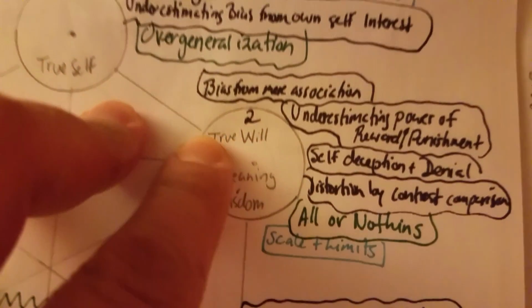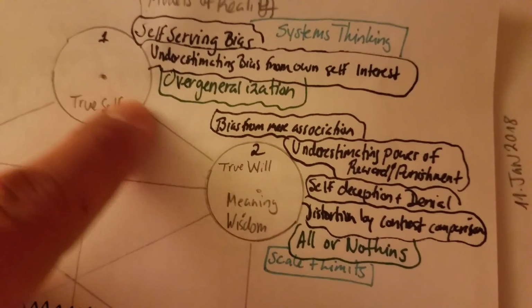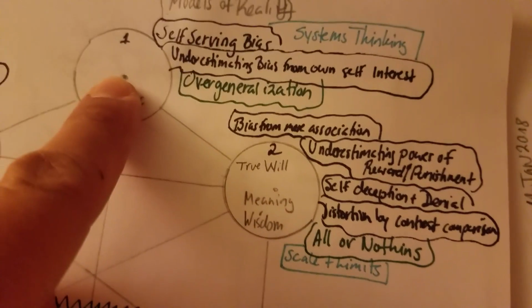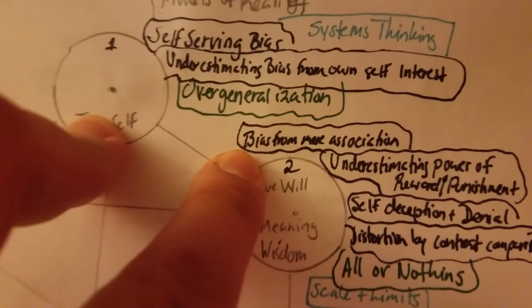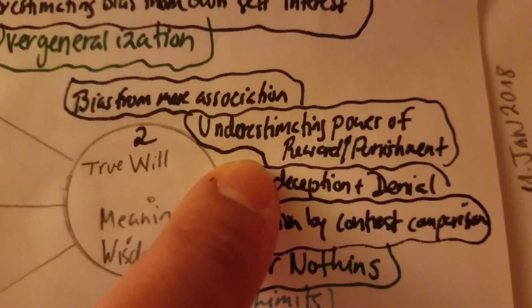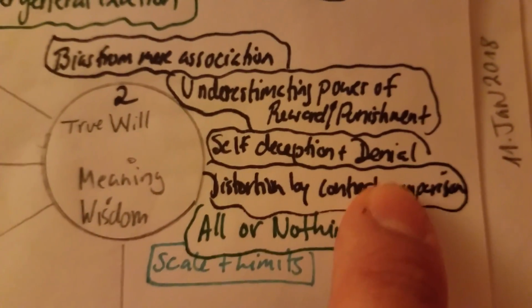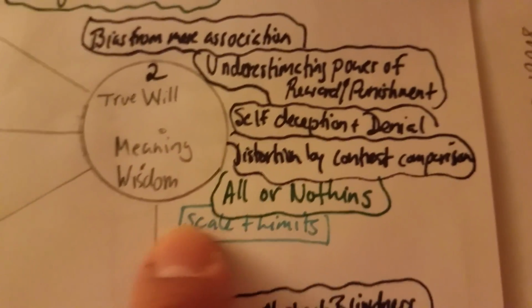The next two, which is duality, or one looking at itself in the mirror. This is the self, this is the not self. All these different correspondences.